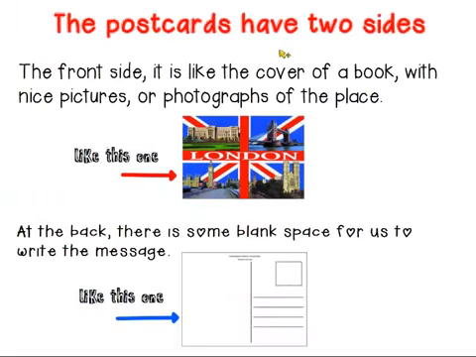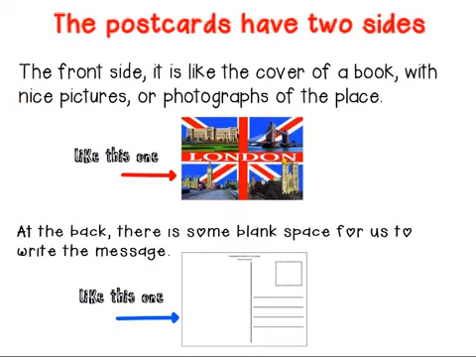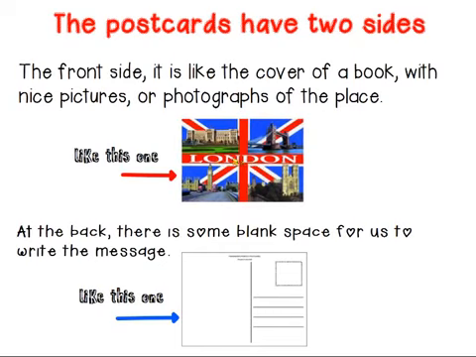The postcards have two sides. The front side is like the cover of a book with nice pictures or photographs of the place or places you can visit there. So this is a postcard from London, and it's very nice because it has the flag, the official flag of the UK, and some of the pictures of the main monuments in there.